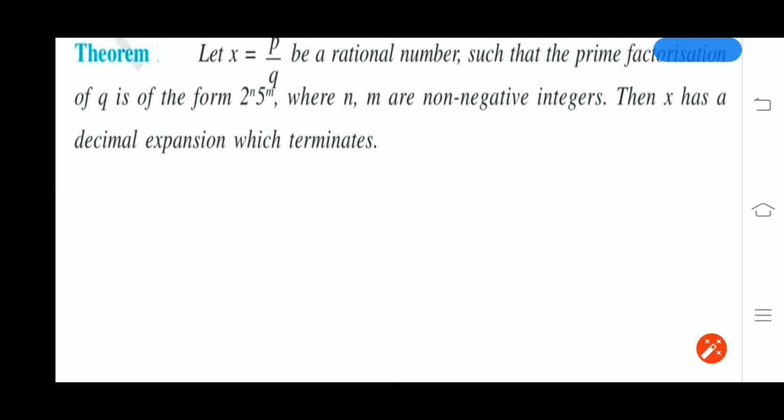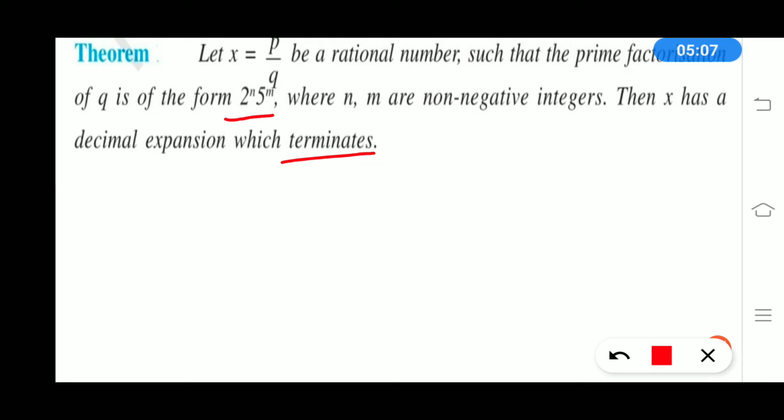Clear? That means the previous theorem stated that let x be a rational number whose decimal expansion terminates, then the denominator can be expressed in the form of 2 to the power n into 5 to the power m.